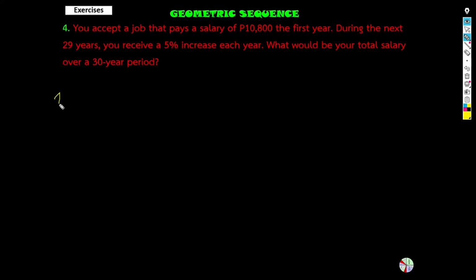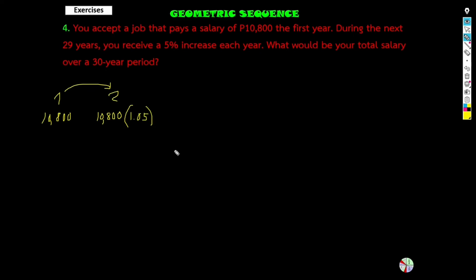So in the first year you receive 10,800, and then you receive an increase of 5% each year. So that will be 10,800 multiplied by 1.05, which is the increase. 100% plus 5%, so that's 1.05.